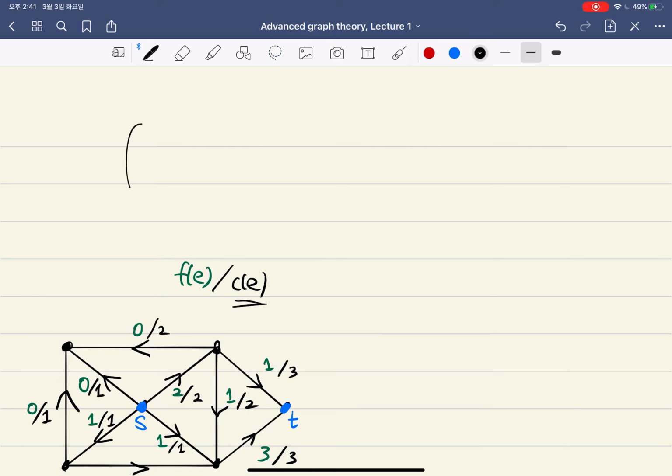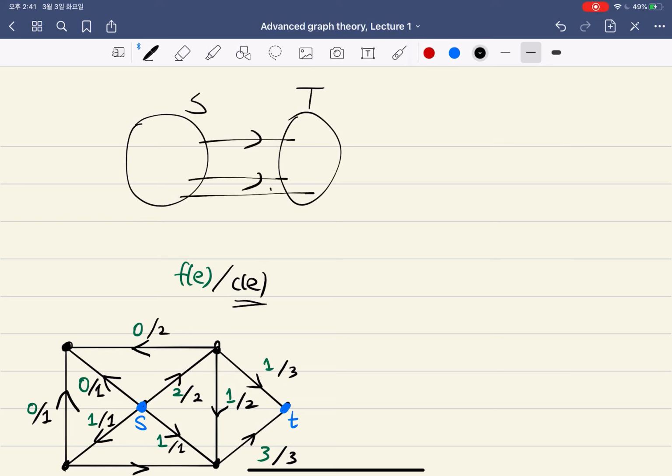So for example, if we have some cut S and T, and then the capacity is, say here 1 and here 1. No, let's say 2 and here 3 is the capacity.